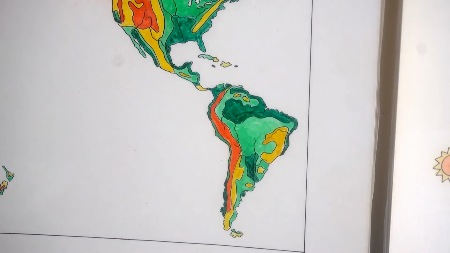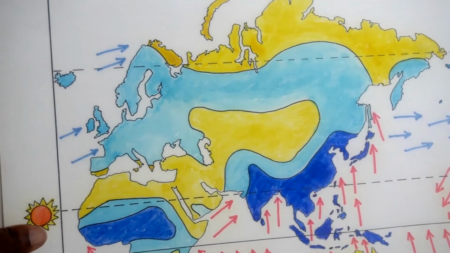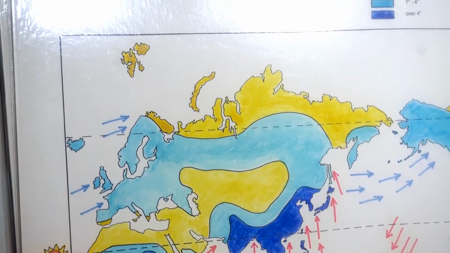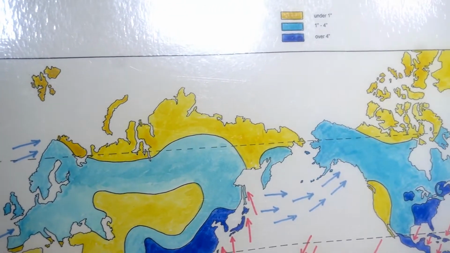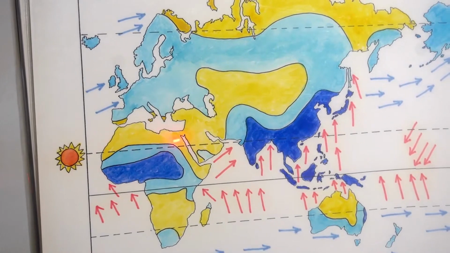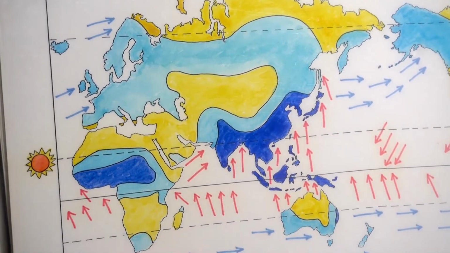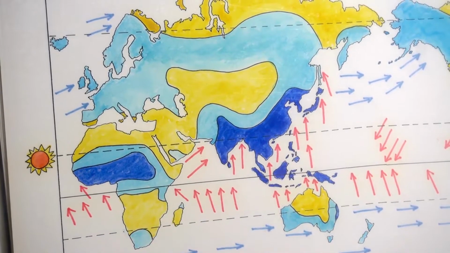Okay, let's look at this other one. Now, in July, when the perpendicular rays are at the Tropic of Cancer in the northern hemisphere, it's summer here, this northern hemisphere, and of course we know that it means it will be winter here in the southern hemisphere.